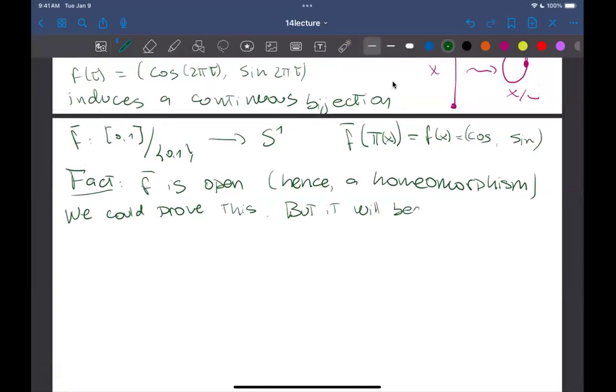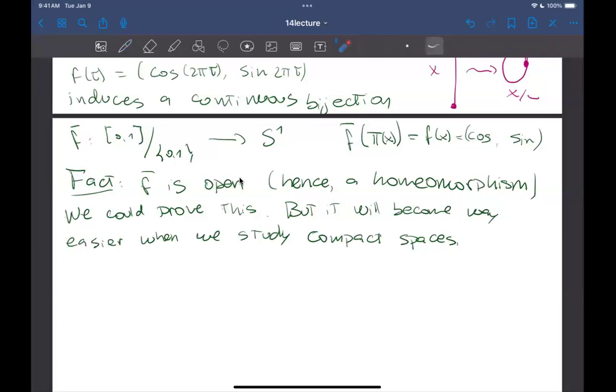So it will become way easier when we study compact spaces, and I will actually give you the proof there. This is nonsense at this point, but you will see these are very useful. We'll develop some very useful tools that are particularly going to imply this function needs to be a homeomorphism.